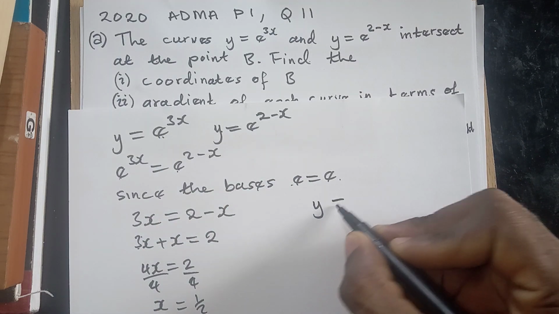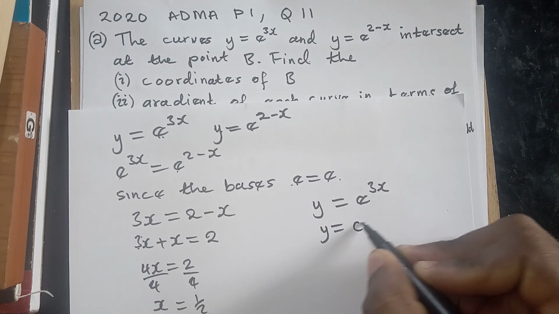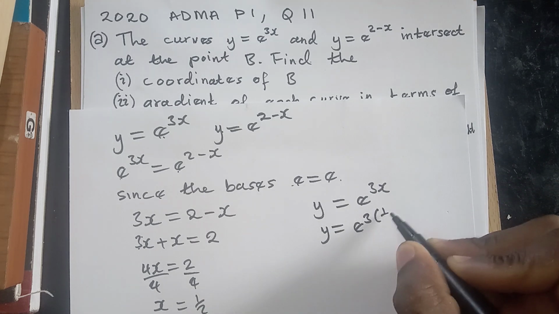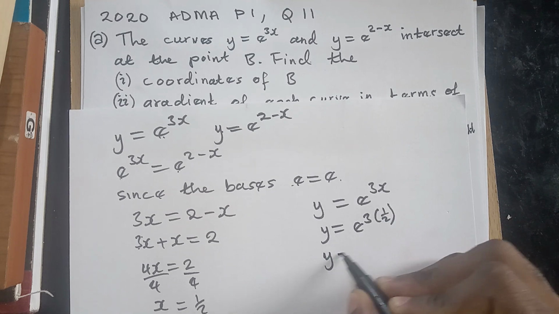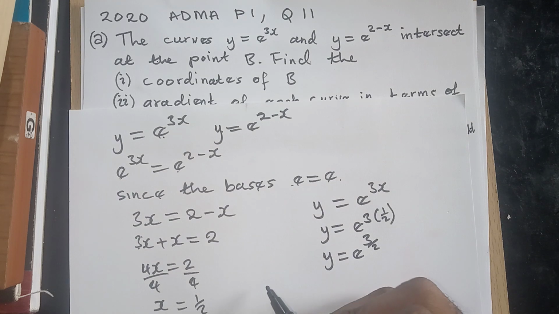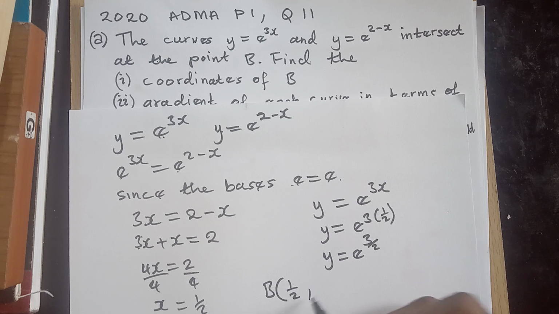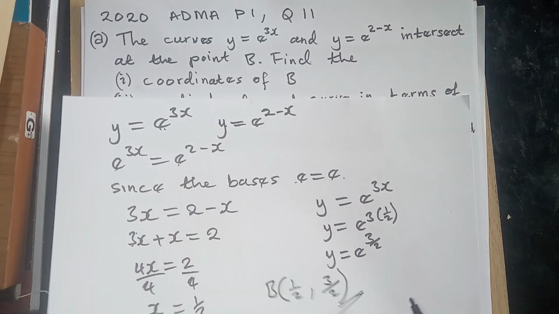So y is equal to e to the power 3x. Your x is equal to a half. So that means y will be 3 over 2. So that means the coordinates of B will be a half, e to the power 3 over 2. And you are done.